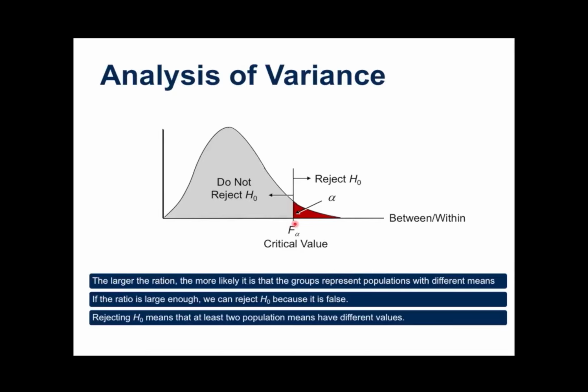And knowing that we have a very large F statistic that's very rare if the null hypothesis were true allows us to reject the null hypothesis and determine that whatever we observed that created that ratio so large is significantly different. And in this case, it's different because we've controlled effectively for the within variance, and we're paying a lot of attention to the between, and this between level is significantly large. It's very weird, and weirdness in this case is a good thing, so we can reject the null hypothesis.